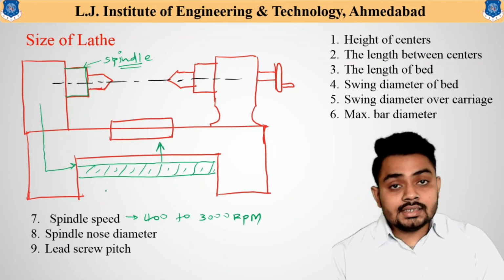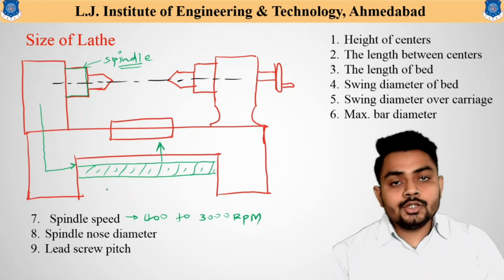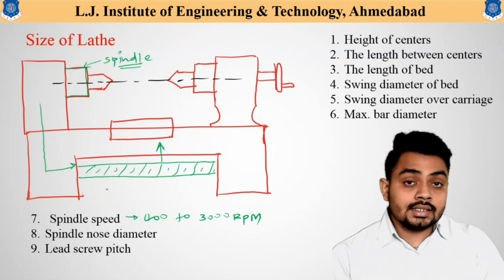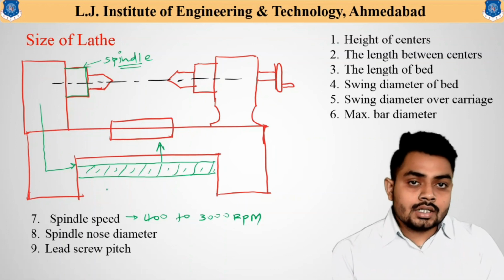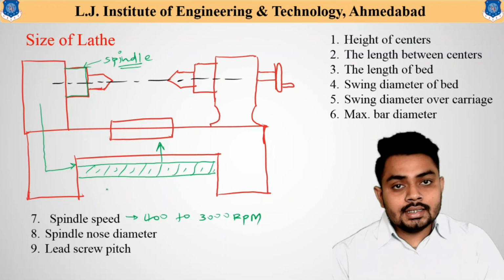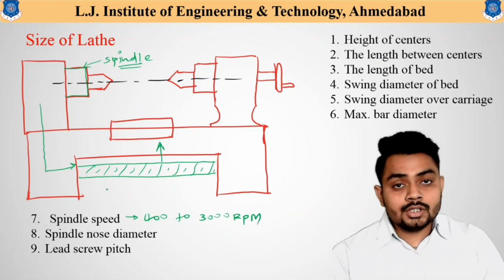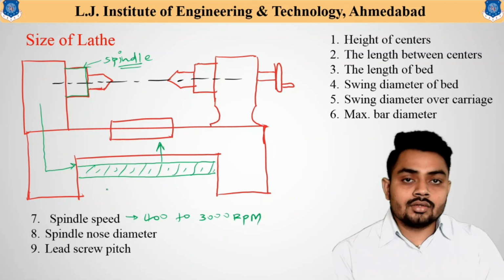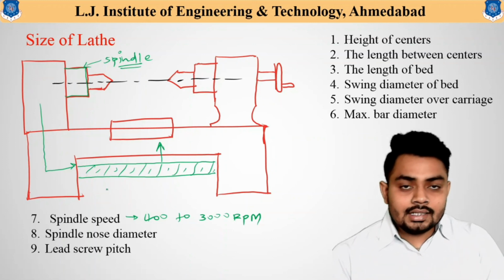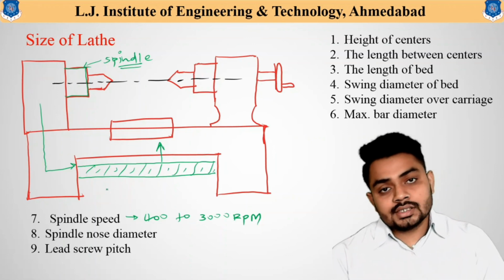So this lead screw helps us to provide automated movement to the tool based on the requirement during the thread cutting operation. The pitch is simply the automatic movement of the tool during a single rotation of the lead screw. And about this we will discuss in detail during the thread cutting operation.